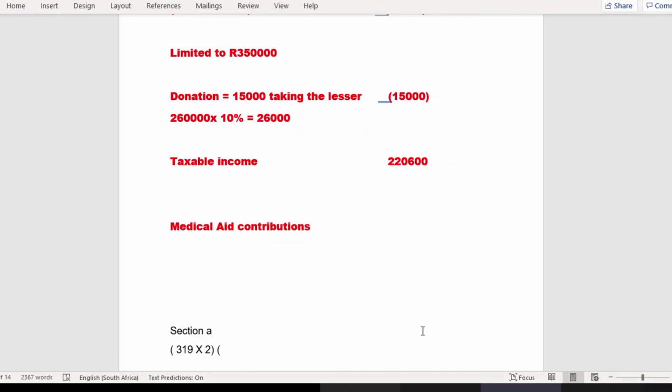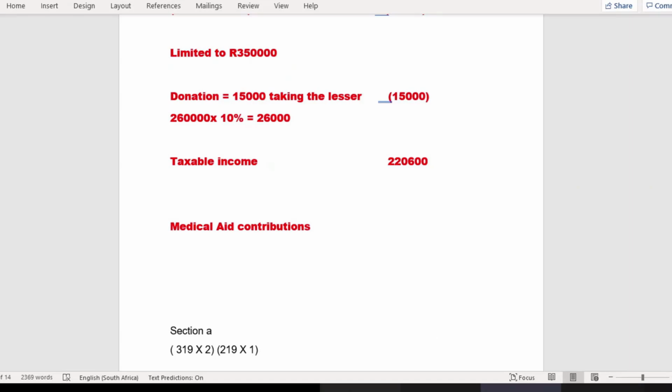Then you're going to say the other amount, I think it's 219 multiplied by 1. Yeah, and then we should get the total contributions, the MTC.